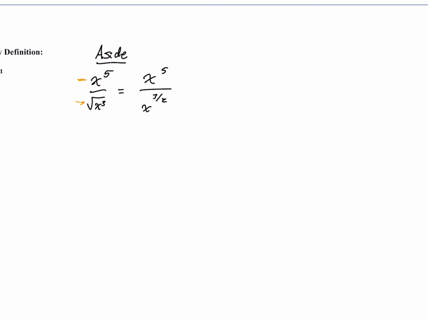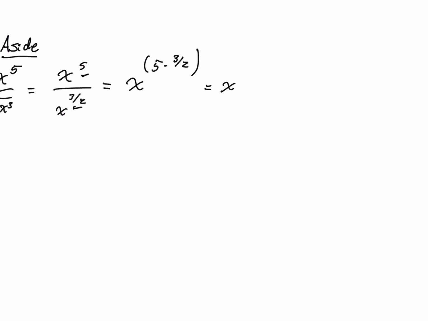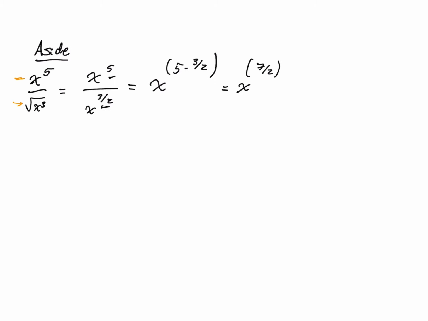All right, and then when you're dividing the terms, you subtract the exponents. So we're going to do x to the 5 minus 3 over 2, and this is going to equal 7 halves. All right, and once again, just like we did before, n equals 7 halves.